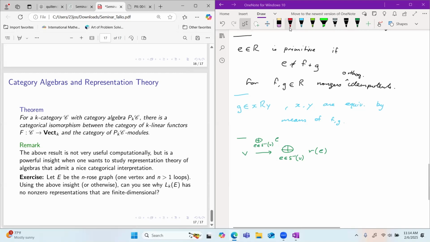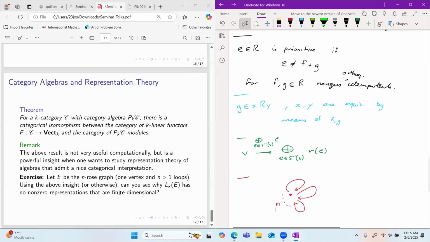As a final thing, I'll show you what this insight provides. We have the n-rows graph. If you don't know what that is, it's just a graph with a single vertex and n loops.